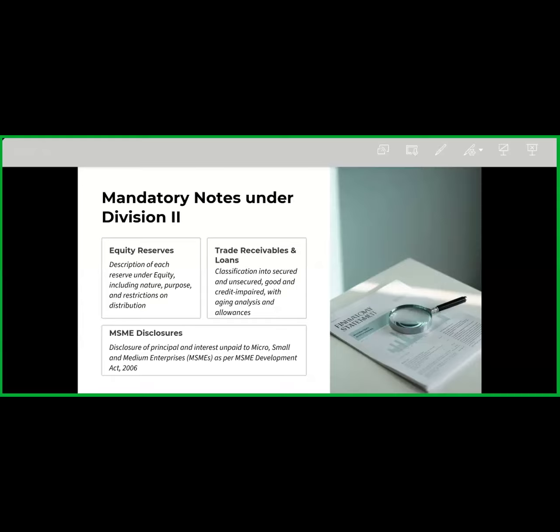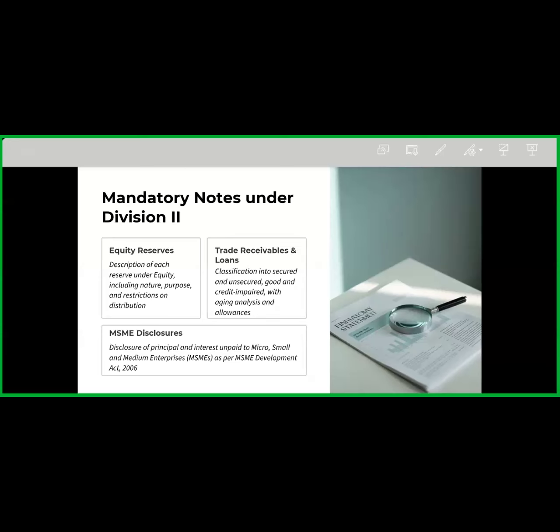The Companies Amendment Act 2015 mandated that the equities should be classified into different classifications, like equity share capital, preference share capital, and the different reserves.